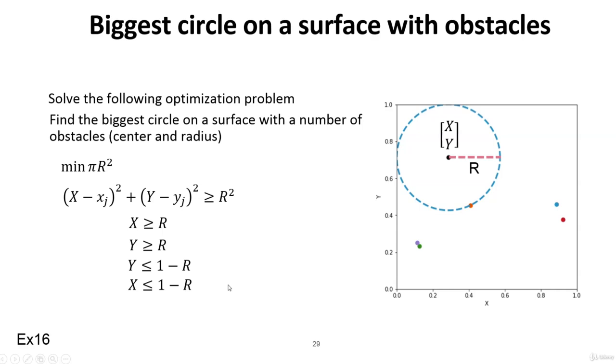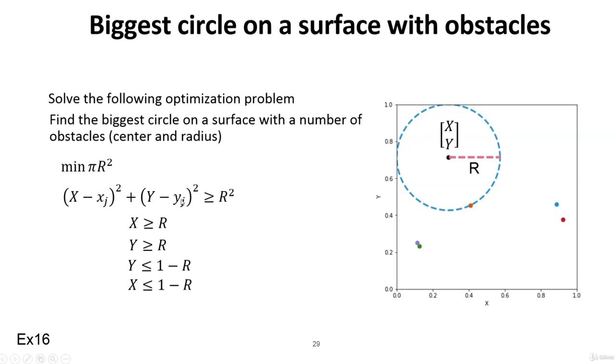Okay, so first of all, we want to make sure that every obstacle is outside the circle. So if the center of the circle is specified by capital X and Y, then xi and yi are all already specified for us.